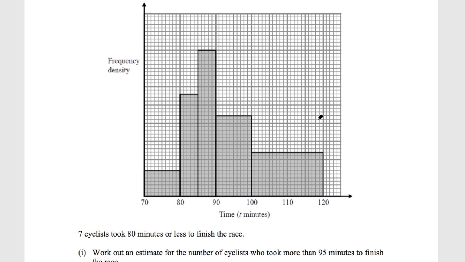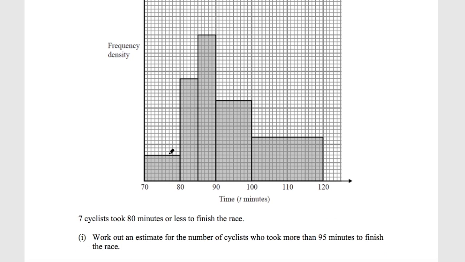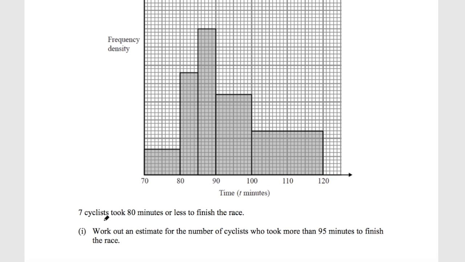Remember, in a frequency density histogram, the area of the bars tells you how many people belong to that interval. So they tell us that 7 cyclists took 80 minutes or less. So the area of this bar needs to be 7. We know this length is 10. So 10 times what equals 7?